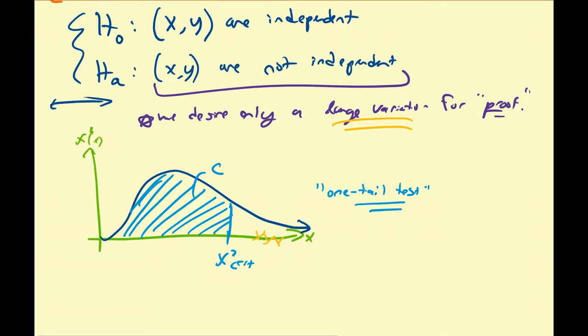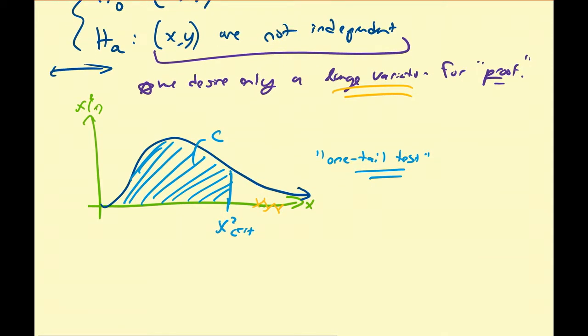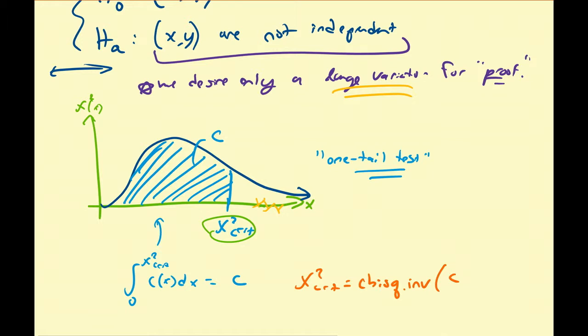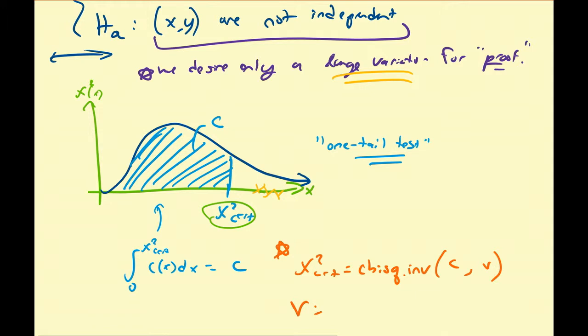Okay, since that's a one-tail test, how do we find this critical value? Well, the integral from 0 to this number of interest under the chi-square distribution with respect to x must be equal to c. We can use Excel or integral solutions to find out what this critical value is. In Excel, the chi-square critical value is equal to CHISQ.INV of c comma v, or nu. Here, the degrees of freedom for a contingency table is the number of rows minus 1 multiplied by the number of columns minus 1.